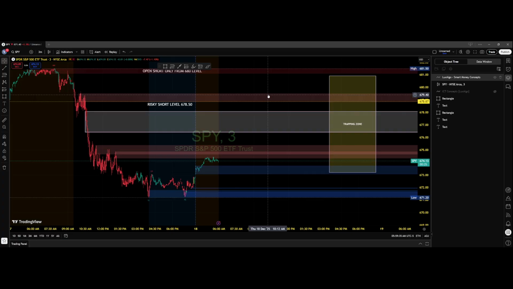Basically, this concept is taking over the regular resistance and support zones, and it includes everything. So let's not get into the detail, but let's focus on the chart.